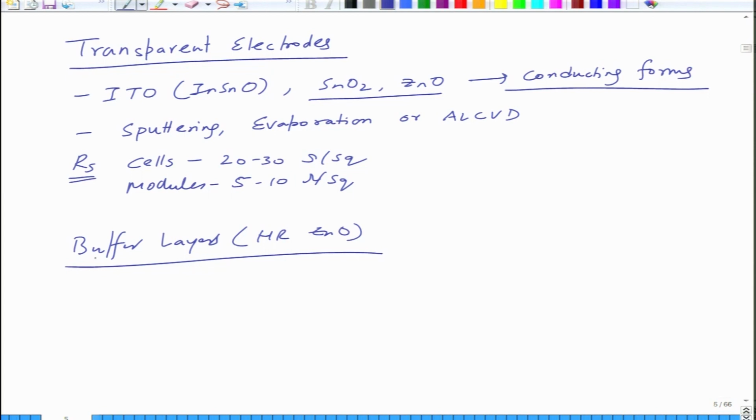So, high resistivity ZnO has a rho of about 1 to 100 ohm centimeter, and this basically reduces the defect density at the interfaces, and this improves the diode quality.